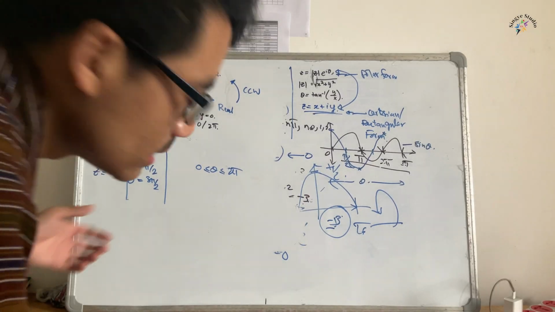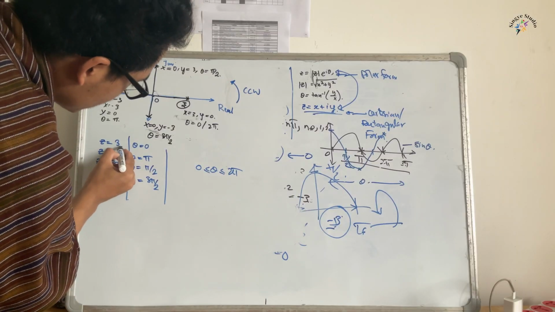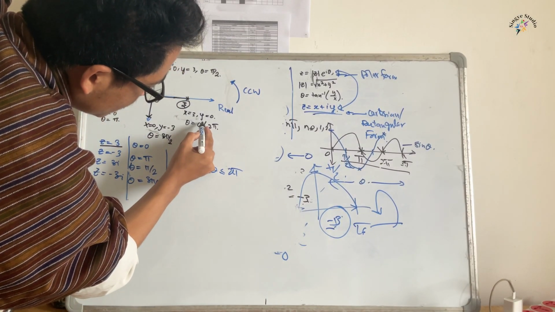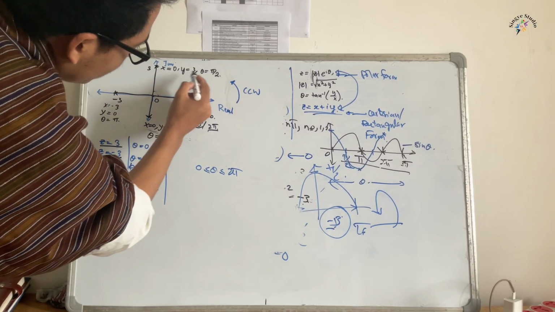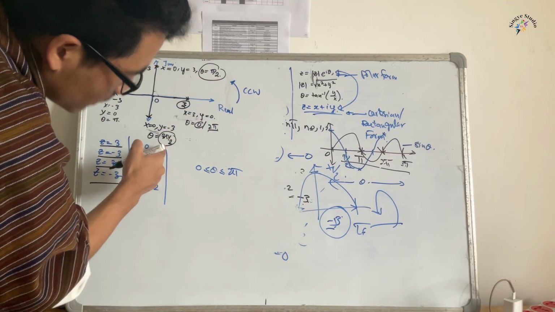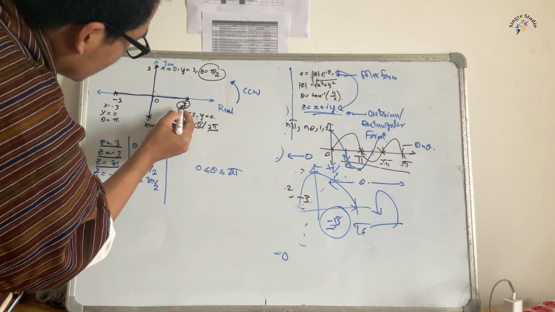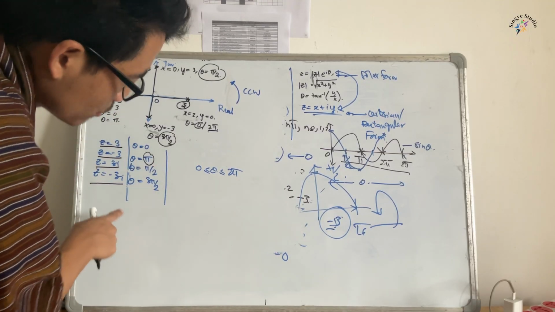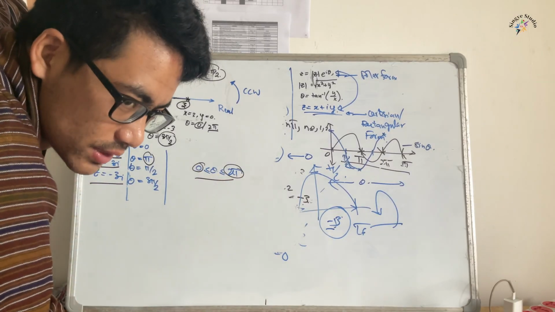So if you see this diagram very carefully, when z equals 3, you have rotated by the angle 0 radian or 2 pi, and by 3i you have rotated by the angle pi by 2, and negative 3 means you have rotated by the angle pi. You can see this if the angle is between 0 and 2 pi, which is 0 degrees and 360 degrees.